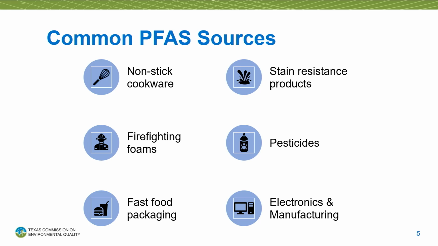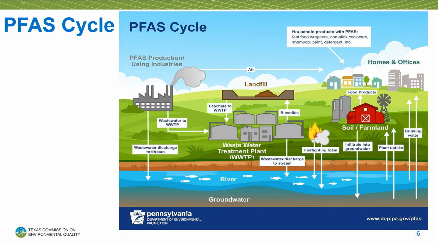So just a little bit more background on it. Some common PFAS sources: nonstick cookware, firefighting foams is a big one, fast food packaging, stain-resistant products, pesticides, and electronics and manufacturing. This is just a little infographic that I thought was helpful to see the PFAS cycle. On my left over there, you can see that the production manufacturing could have PFAS.